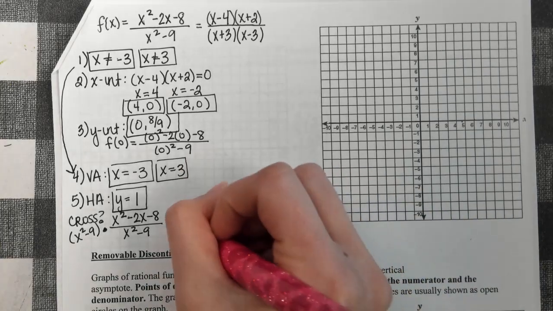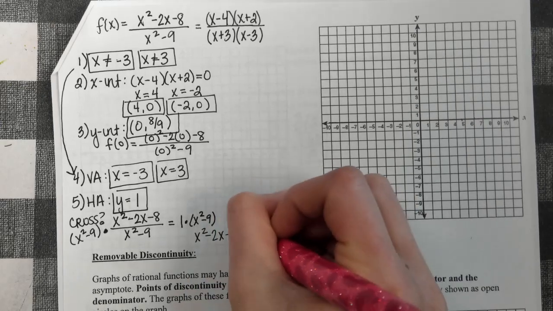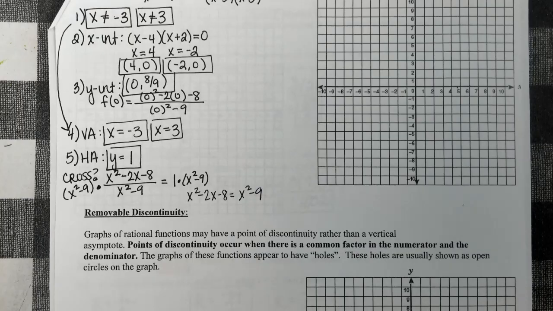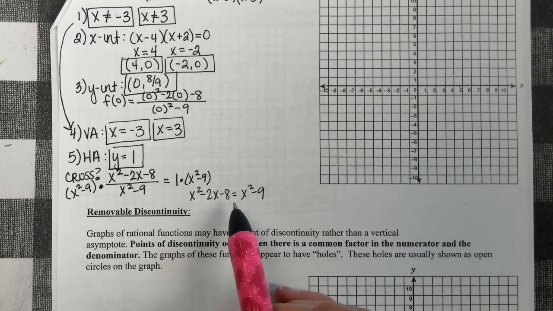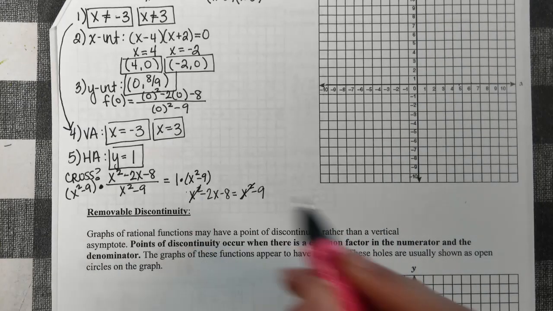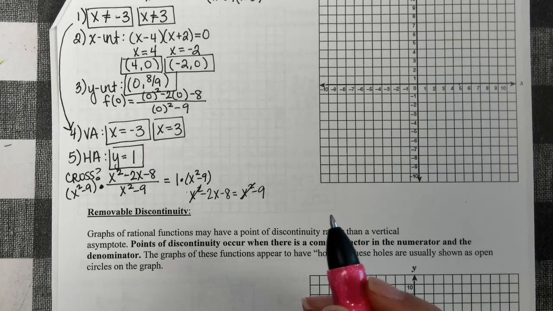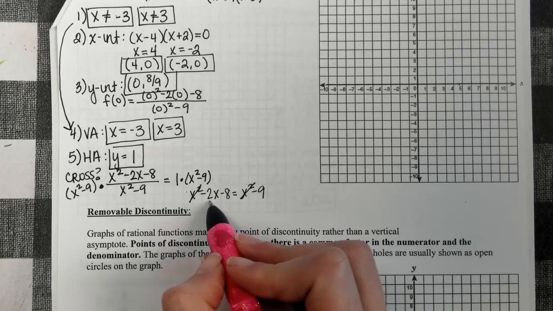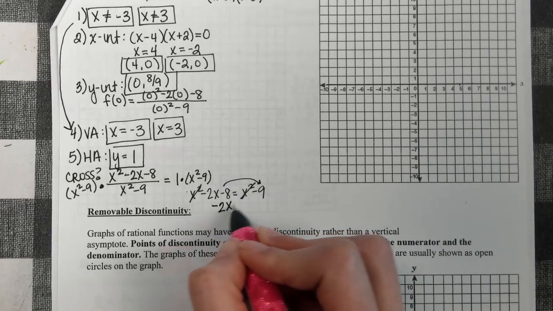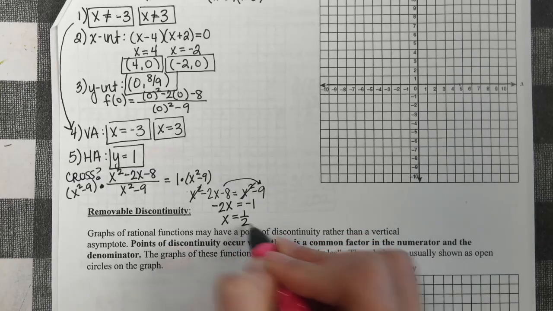That gives me x squared minus 2x minus 8 equals x squared minus 9. When I go and solve this, I subtract my x squared, but that will cancel out, leaving me with -2x minus 8 equals -9. Well, I still have an x, so I'm going to add my 8 to that -9, so -2x equals -1. Divide by -2, x equals 1/2.